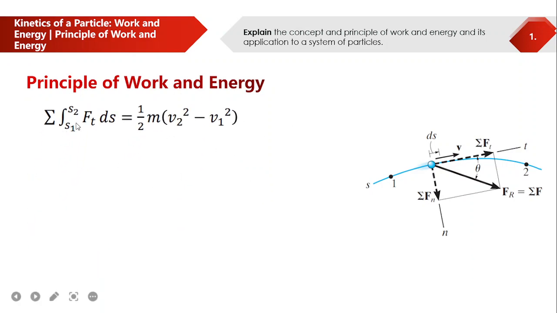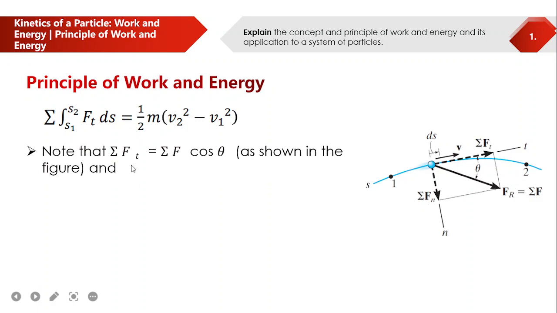Note that the summation of all f sub t is equal to the summation of f cosine theta, as shown in the figure. The tangential component of all the forces is just the force multiplied by cosine theta, so it is equal to the tangential component of our force. That's how we solve for our f sub t.